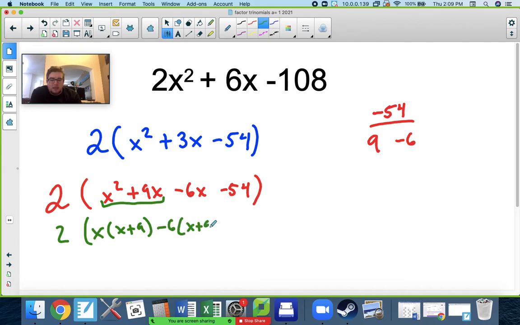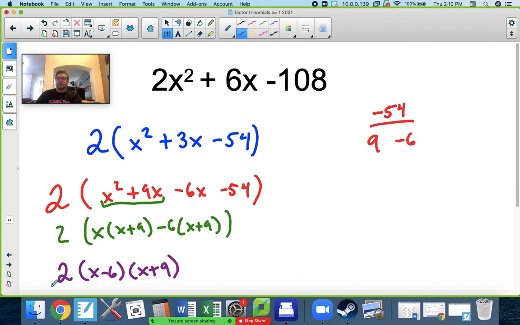That way I can get the x plus 9. And then in the end, we have 2, x minus 6, x plus 9. And there's our answer. Notice that the 2, once we took it out, he never played a factor in the problem. He just chills on this left side all the way through.